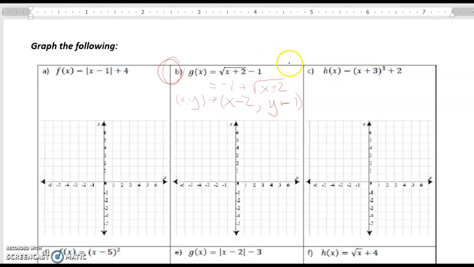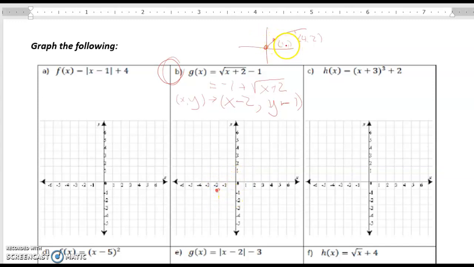So that means I'm going to take my basic shape, and my basic shape looks like this. 1, 1, 4, 2. So if we go point by point, I'm going to take the 0, 0, and I'm going to move it left 2 and down 1.